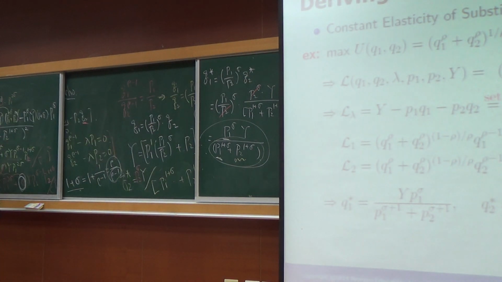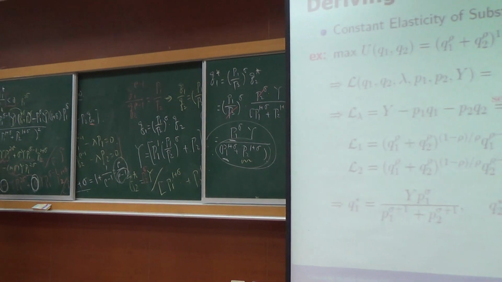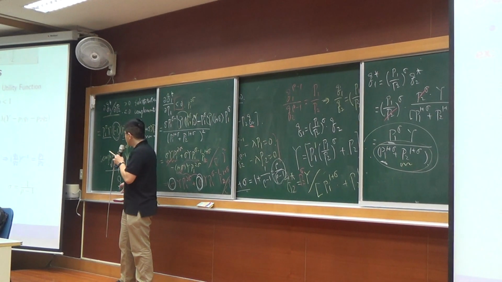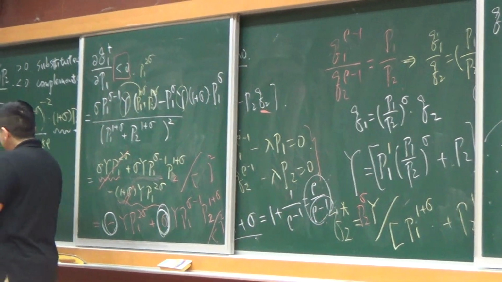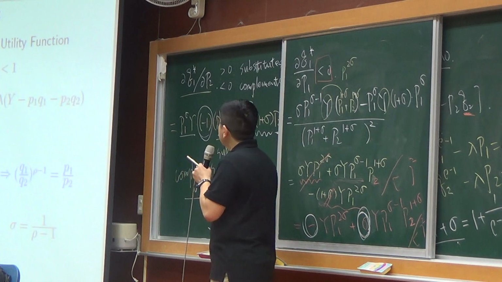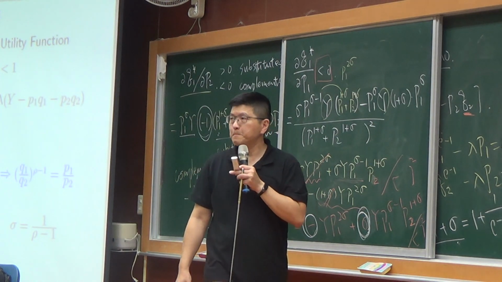It depends on the value of rho. Okay? So when rho falls between 0 and 1, these two goods are substitutes. But when rho is less than 0, then these two goods would be complements. Is that clear?